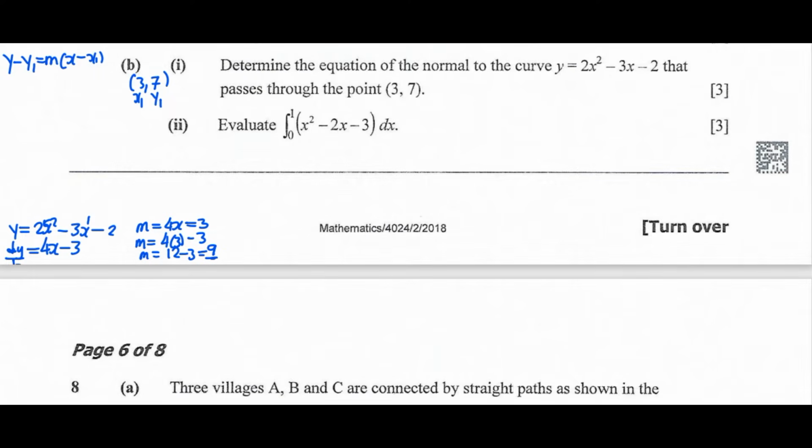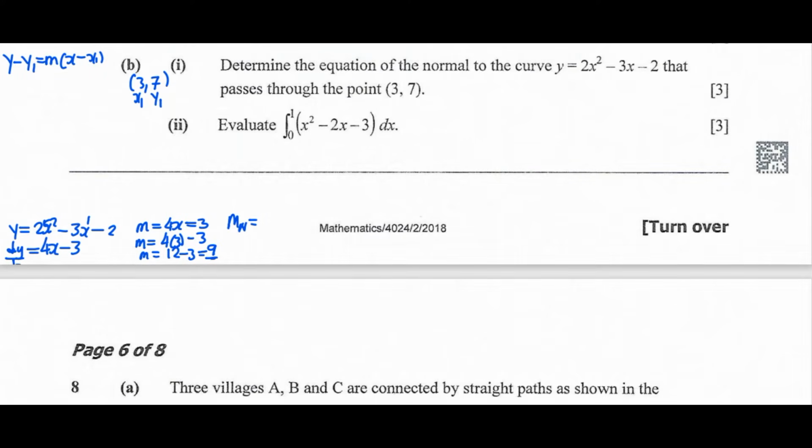Now, this is the gradient of the curve and the tangent. Remember, at a point of contact, the gradient of the curve is equal to the gradient of the tangent. But for the normal, we say the normal is perpendicular. So for the gradient of the normal, we need to make this a fraction.